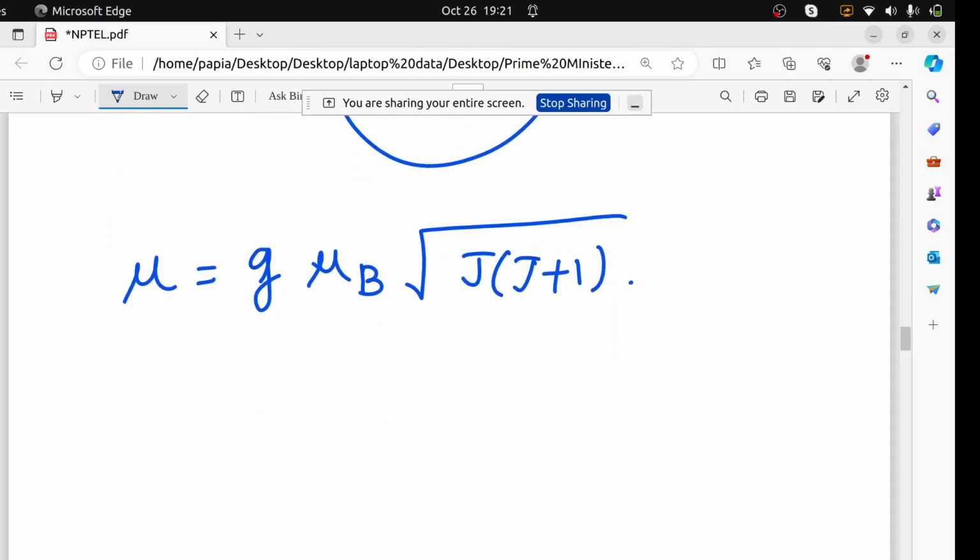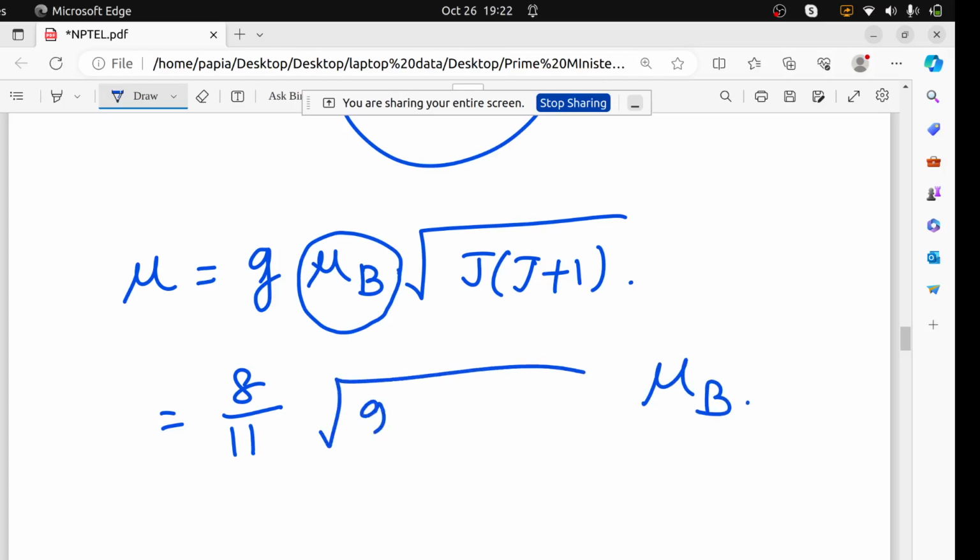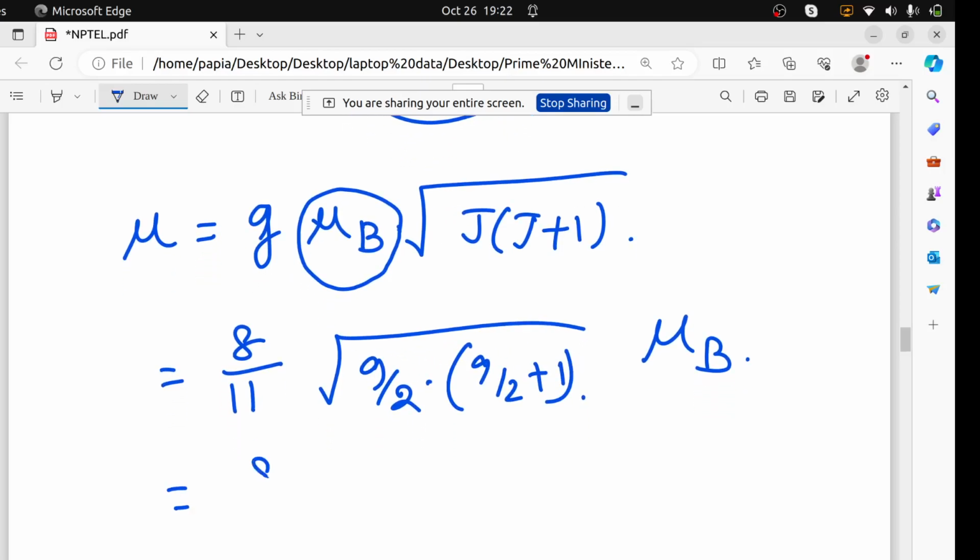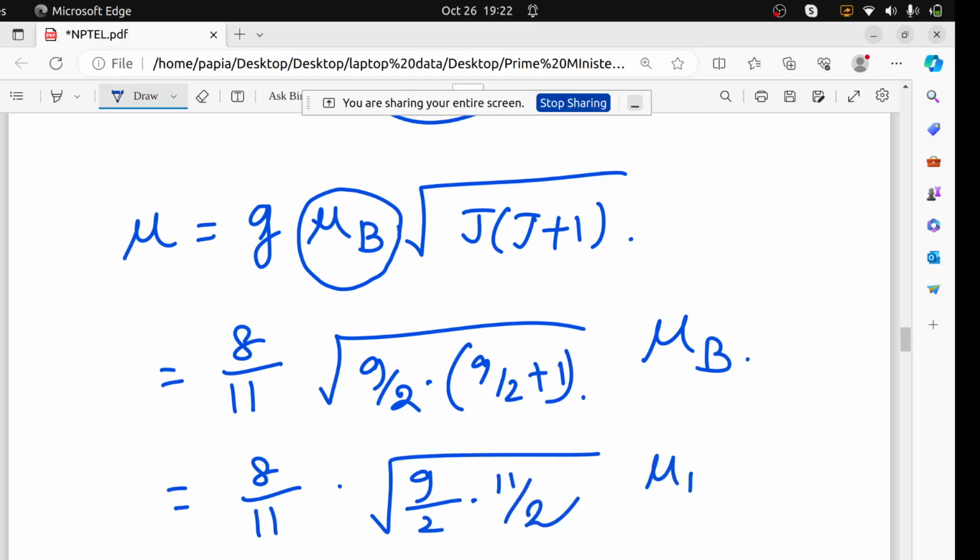Now we already have the value of J and G, so we will just put these values, 8 by 11, and yes, they are asking that you have to write the answer in the unit of mu B, so that means our mu B will be on the right side. And now 9 by 2 into 9 by 2 plus 1.